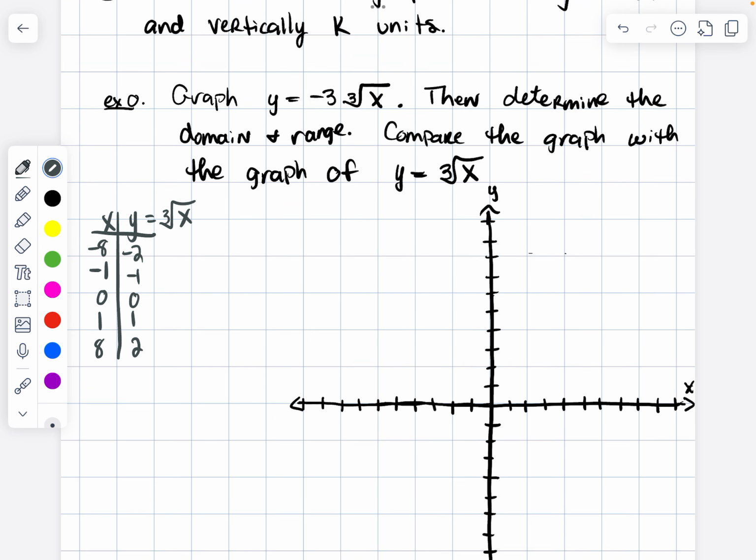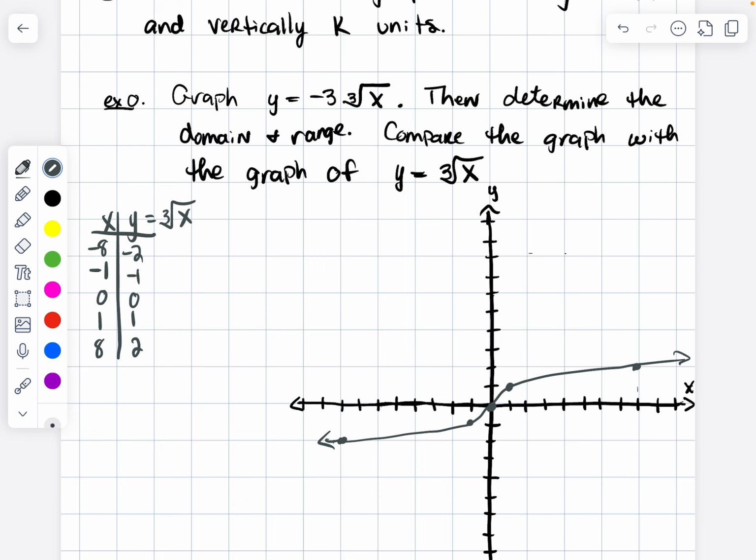So this would be, let's see, we said -8, -2. We know -1, -1, 0, 0, 1, 1, and then 8, 2. Right, so that's that.